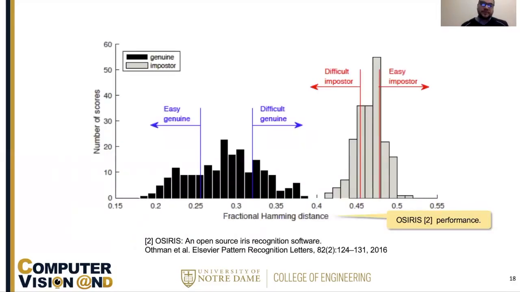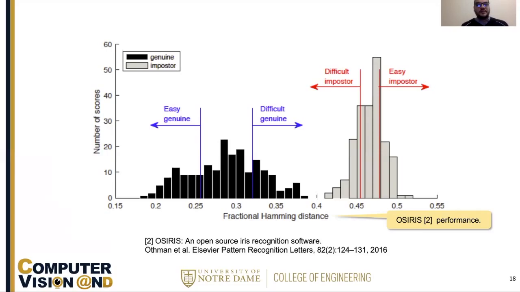And how did we do it? We actually did not have any information a priori of how people find it hard or easy. So we decided to go with OSIRIS, which is an open source implementation of John Daugman's solution. The way it works, you generate genuine and imposter pairs of irises.